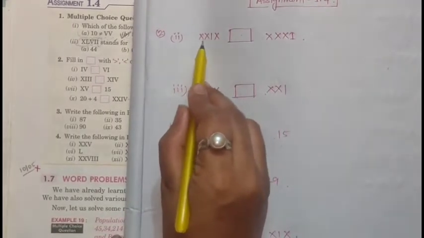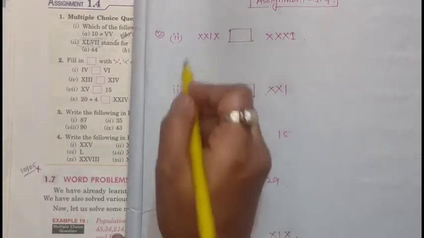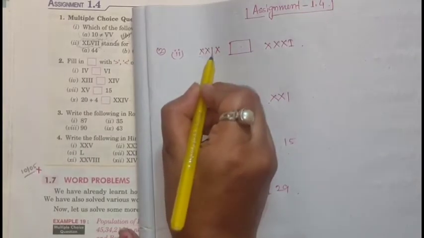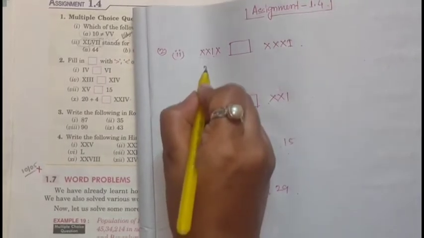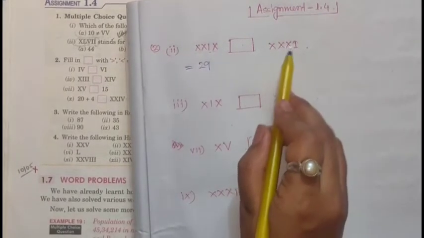XXIX. So XX, that means 20. 10 plus 10, 20, and IX means 9. So 20 plus 9. The value of this Roman numeral will be 29. Next, XXX.